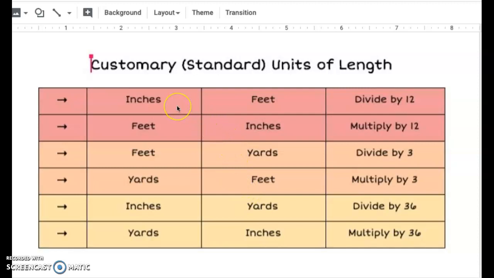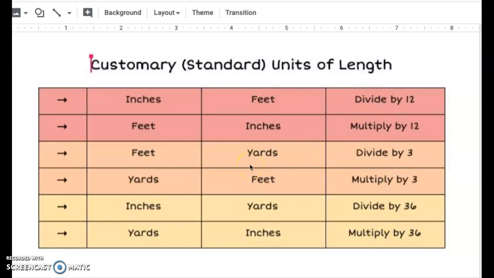Instead, what I did is I showed you if you're going from inches to feet, you are going to divide by 12. If you go from feet to inches, you're going to multiply by 12. If you go from feet to yards, we divide by 3. Yards to feet, we multiply by 3, and so on. So you can see how the chart works. You are welcome to scroll back up during your assignment portion of the lesson and use this chart if these sorts of things help you out.